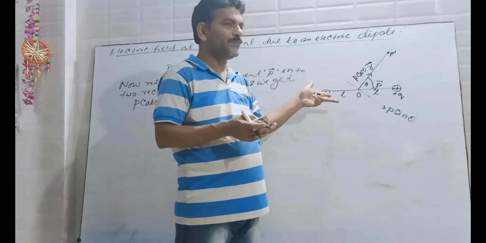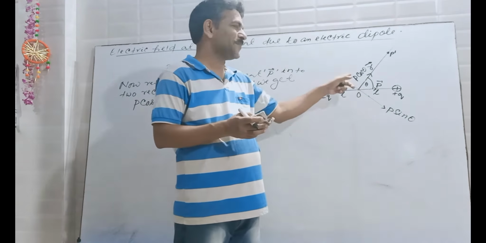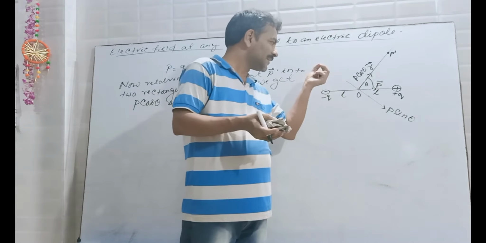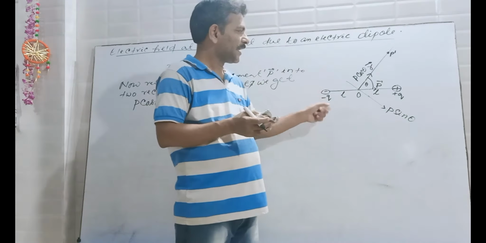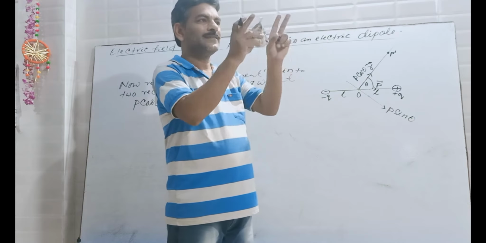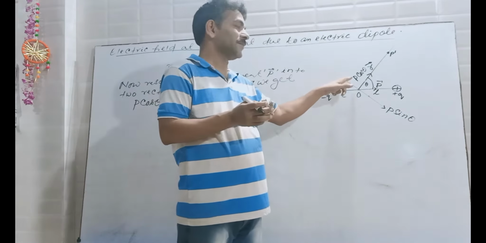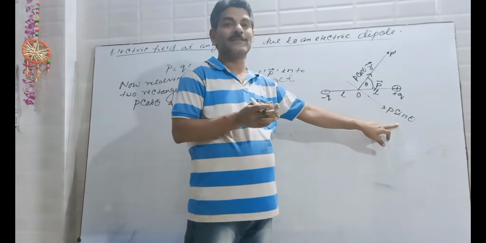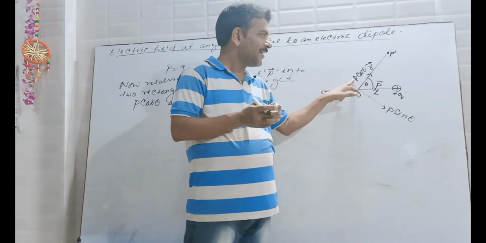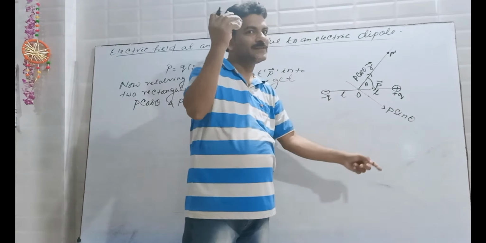That means this dipole can be resolved into two dipoles also, having dipole moment P cos theta and dipole moment P sin theta. No doubt it is a single electric dipole having dipole moment P. Once we have resolved, this dipole is divided into two dipoles of dipole moment P cos theta and P sin theta. And P dash point is the axial point for P cos theta, and the same P dash point is the equatorial point for P sin theta.